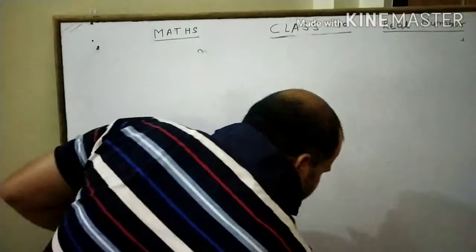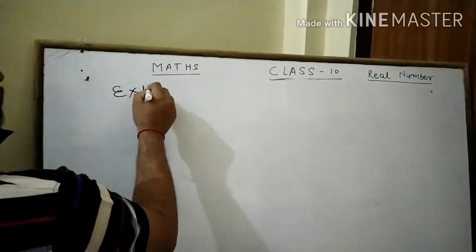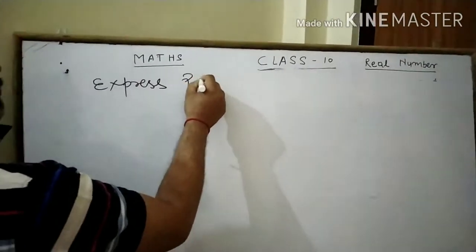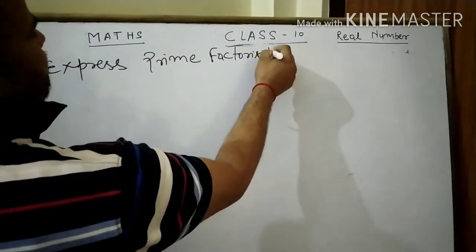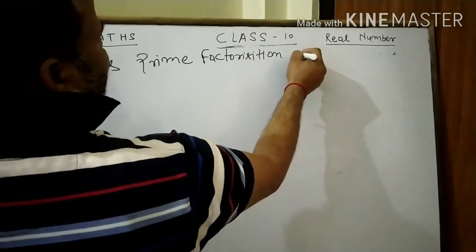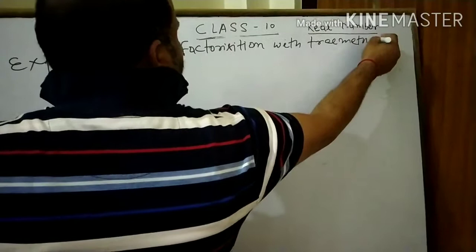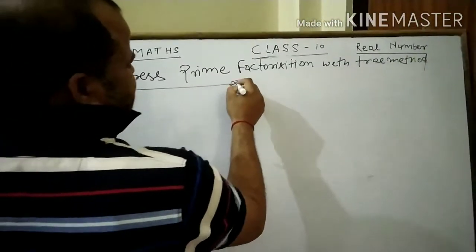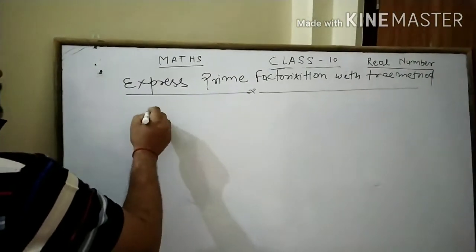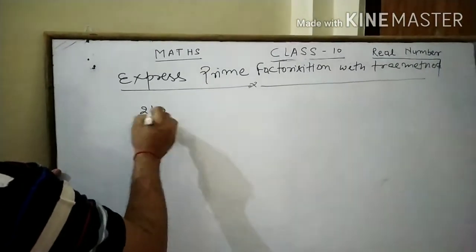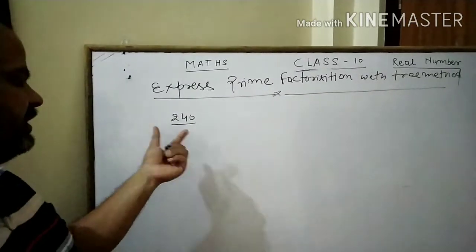Sometimes it may be asked in the question paper. Suppose you have the number 240 and you represent its prime factors in the tree method.